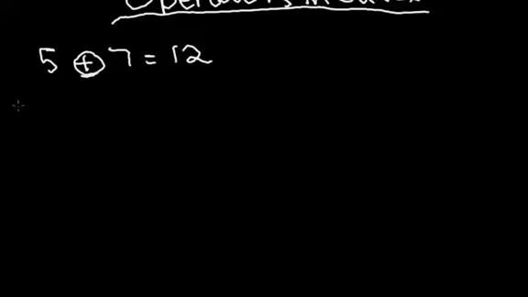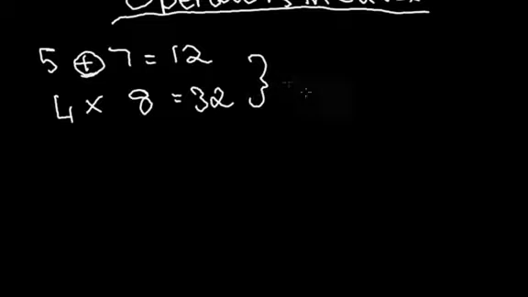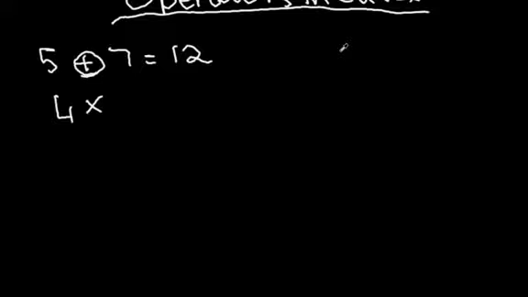Similarly in Java you have, like, 4 into 8 is 32. Now to write these things in Java you have special symbols. You don't write into with an X, you write it in a different way, which I'll show you. I hope you got that.